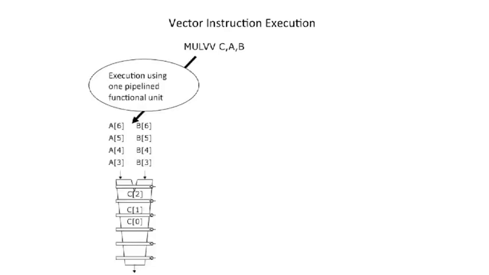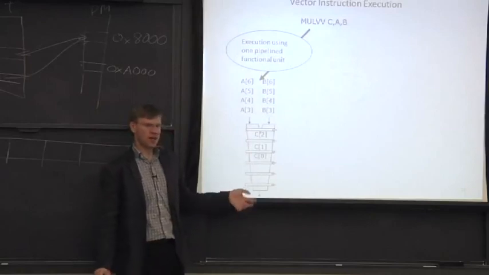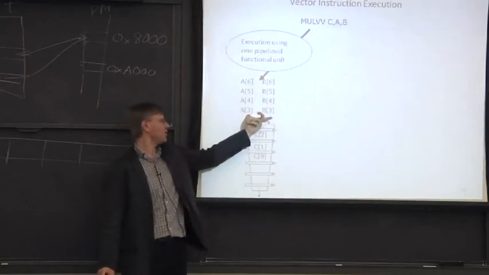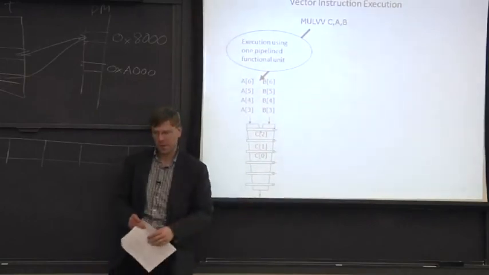OK, so now we're going to start to look at parallelism a little bit more deeply. So here we have an instruction. We have a deep pipeline ALU, and we're going to have multiple things flowing down the pipe at a time, multiple results. And we're going to take A of 3 and B of 3, and it's going to take 6 cycles to do this multiply.